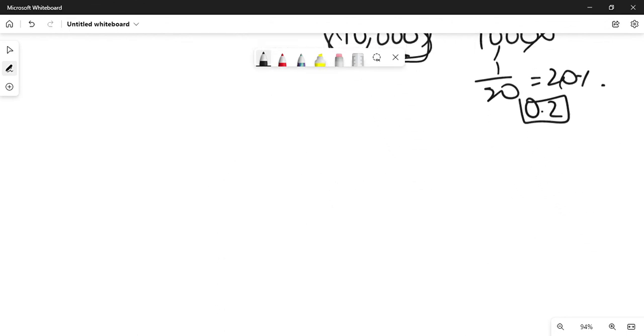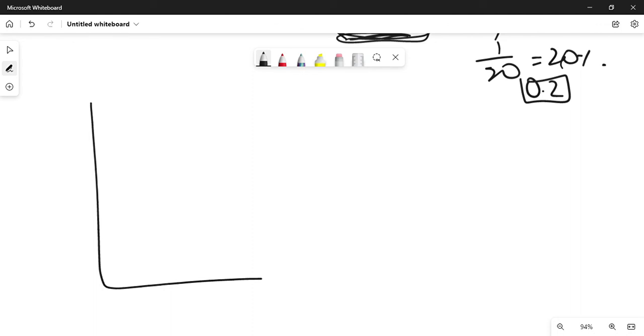In terms of graphing it, I'm not too sure how that would look. I'm going to see what I can do. Let's just do Q here, P here.